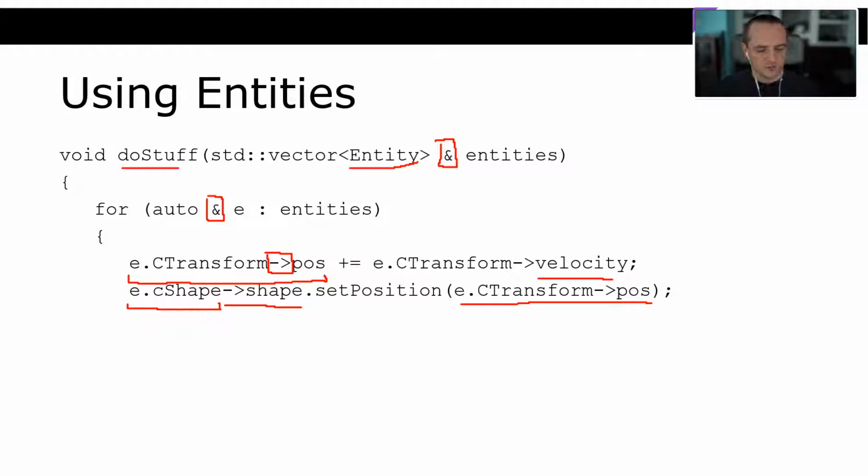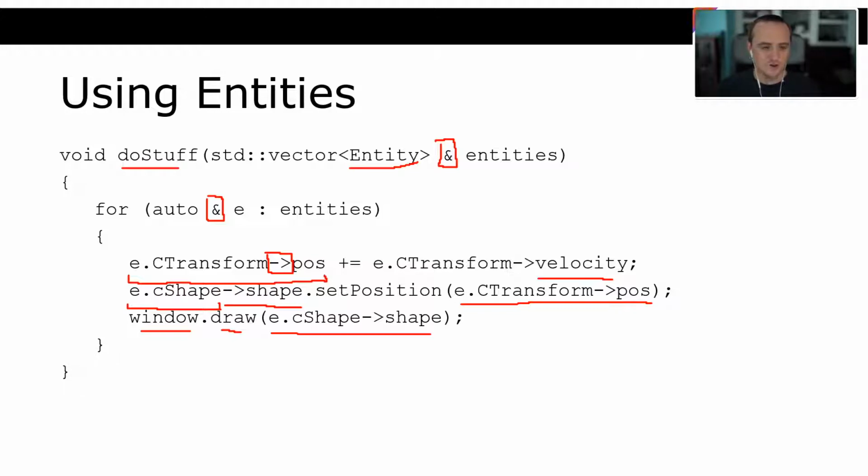That's it. The entity transform component stores where the entity lives, and when I want to update the position of the shape, I just take the position of the transform and set the position of the shape equal to that. And then to draw this to the screen, all I have to do is take my SFML window variable and call .draw with the shape variable.